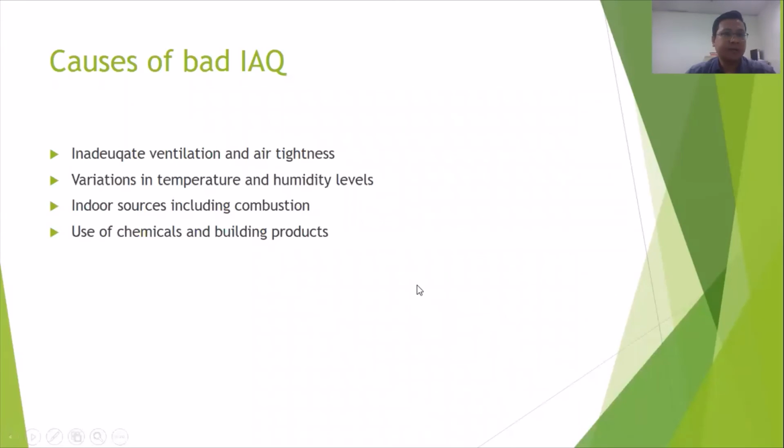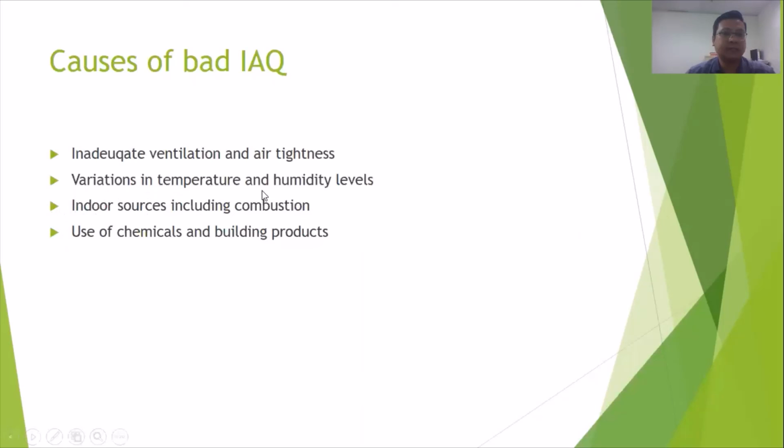And then the causes of bad indoor air quality: inadequate ventilation and air tightness, variations in temperature and humidity levels, and indoor sources, including combustion, use of chemicals, and building products. Actually, coatings also contribute as chemical sources.